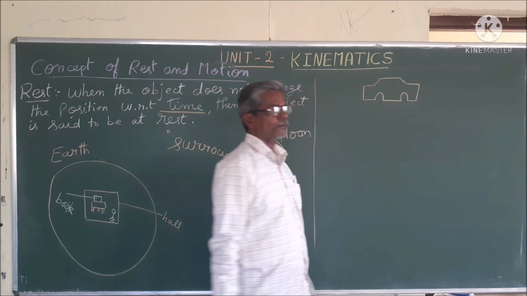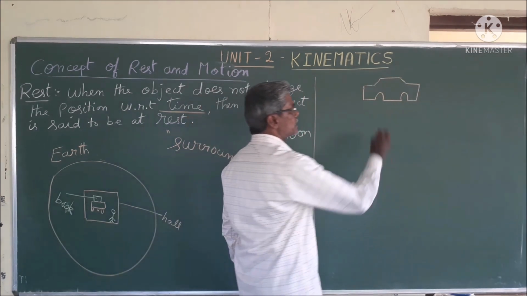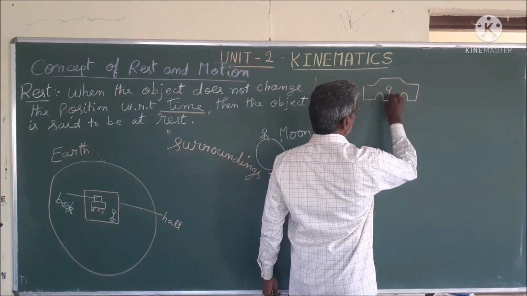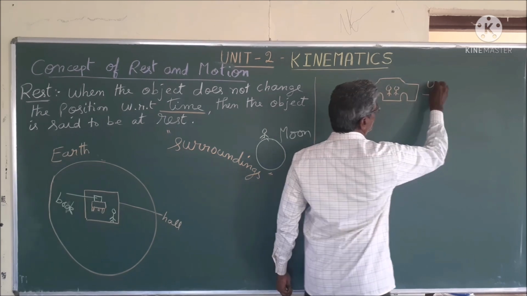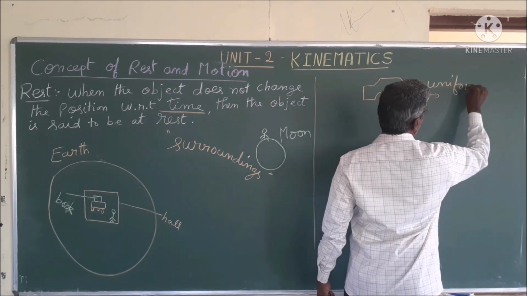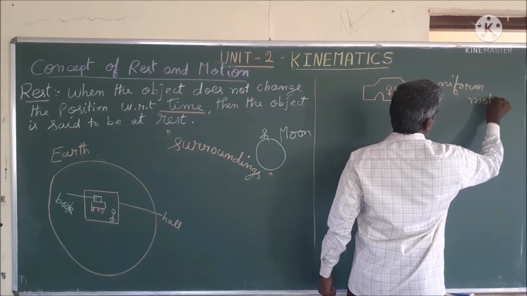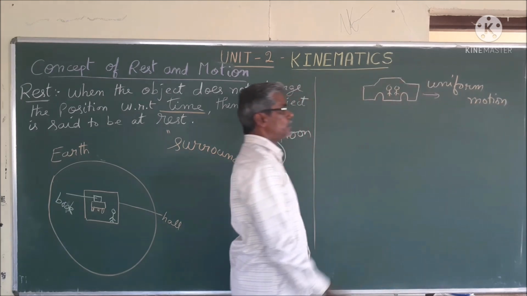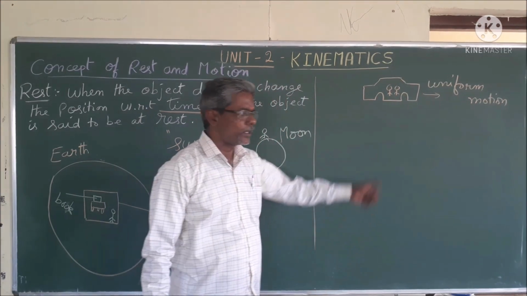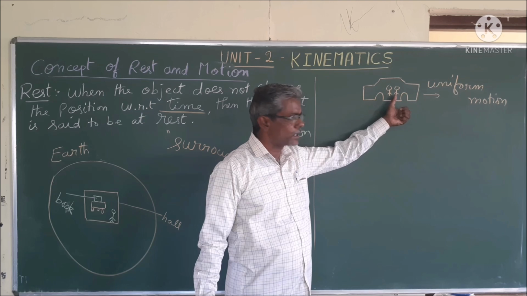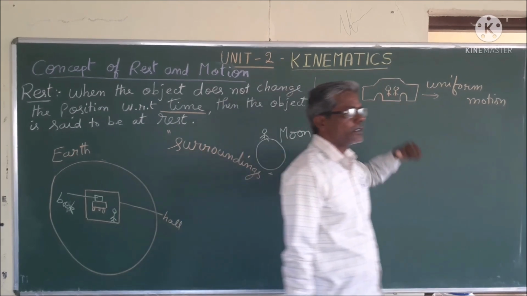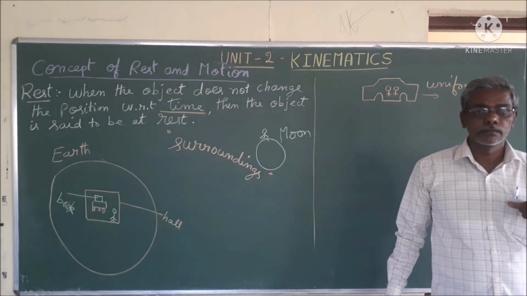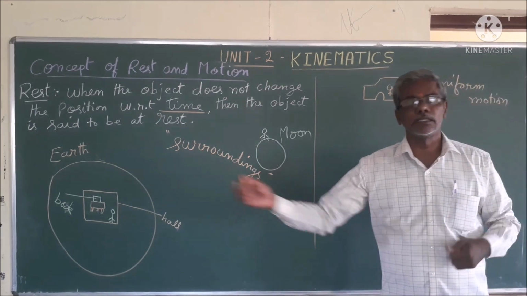Let us consider a car. Inside the car we are sitting, and this car is in uniform motion. What we will see, we are at rest with respect to fellow passenger.